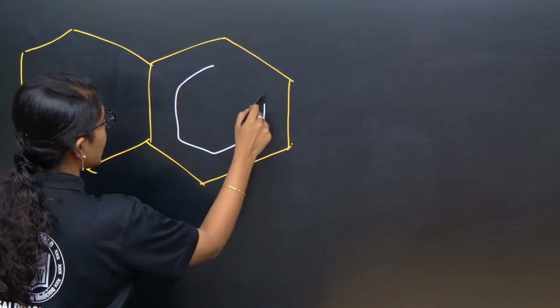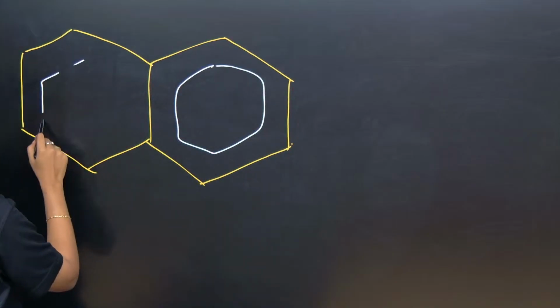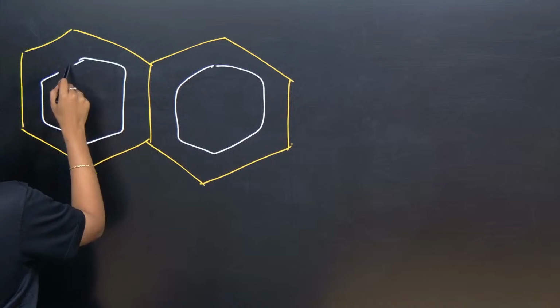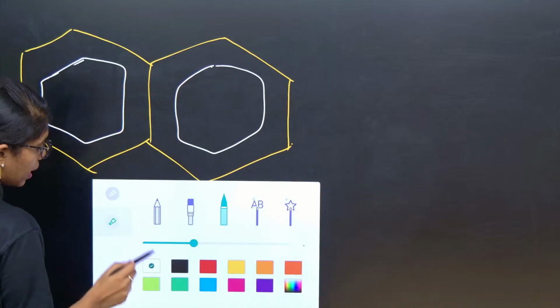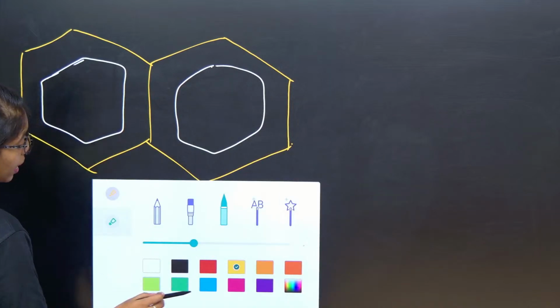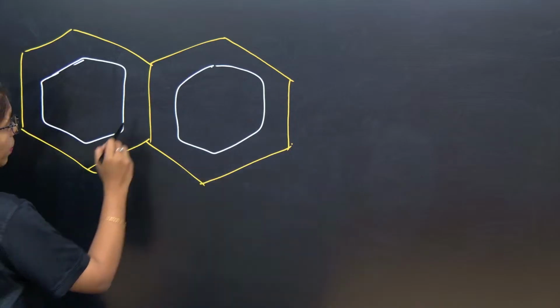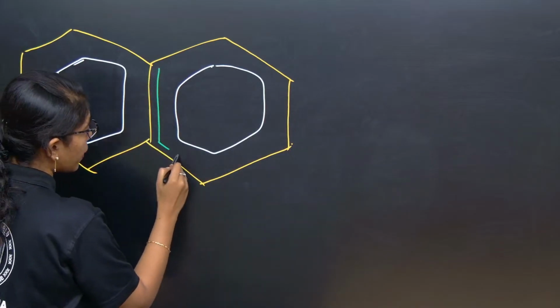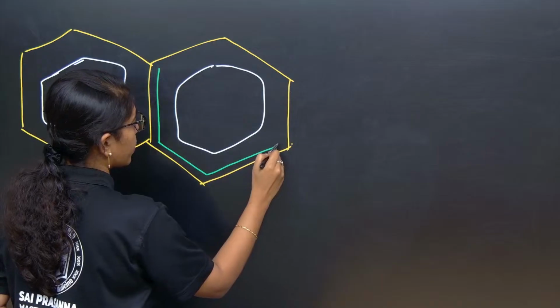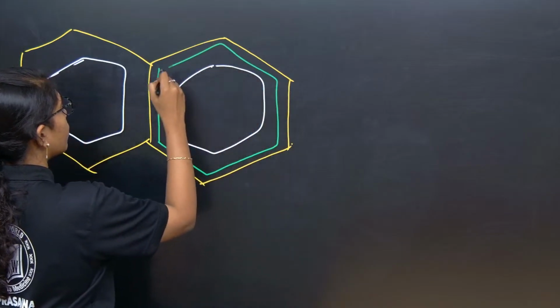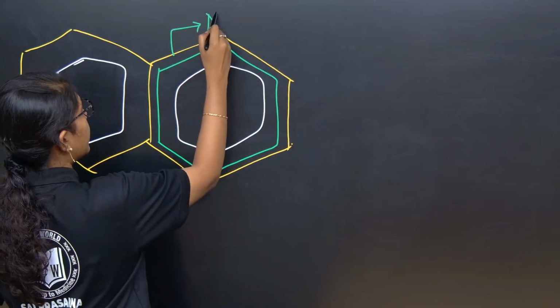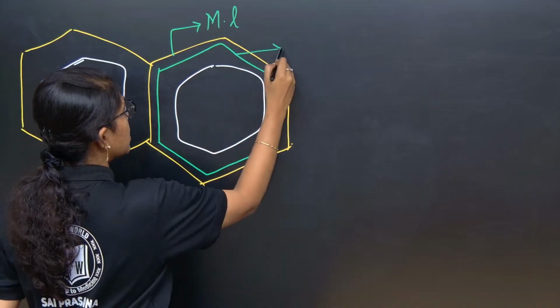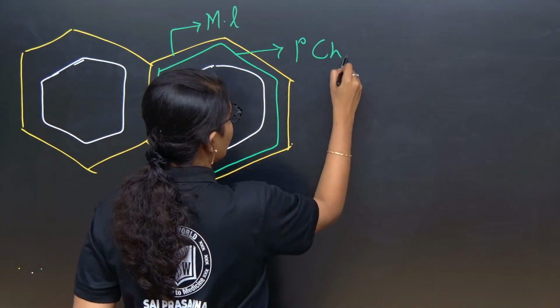This is the cell membrane of the plant cell, let us suppose. Next, inner to the middle lamella, primary cell wall is formed. This is middle lamellae and this is primary cell wall.